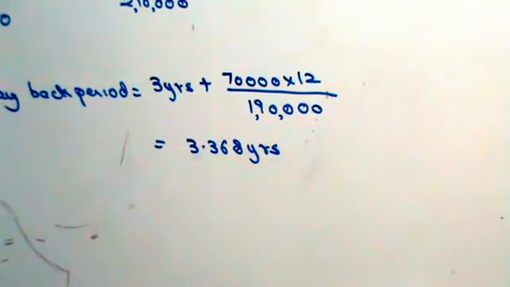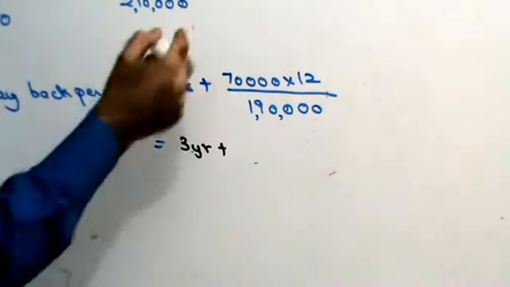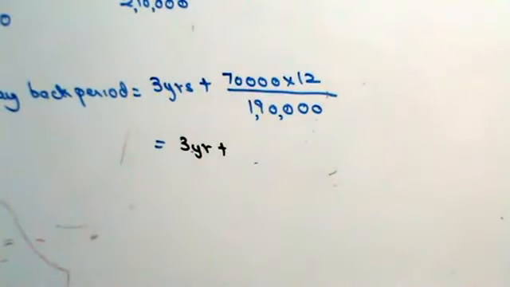Right? Check that calculation, people. Is that coming to 3.36? 3 years plus this is 3 years plus, someone tell me how much is this? 70,000 into 12 divided by 1,90,000. .368.